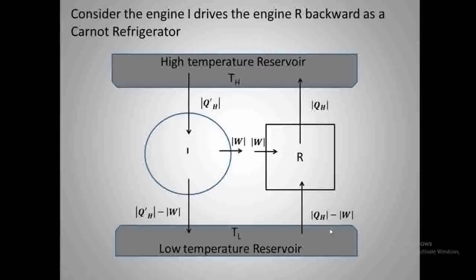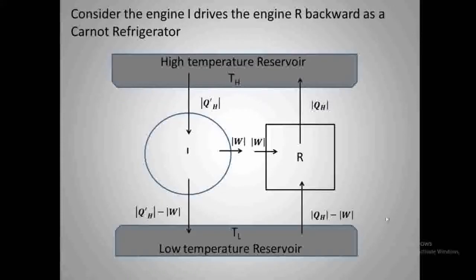So the total should be this: QH minus W is equal to QL. Instead of QL, we are writing QH minus W. So it takes QL, that is QH minus W, from the low temperature reservoir with the help of the work, and it rejects QH quantity to the high temperature reservoir.